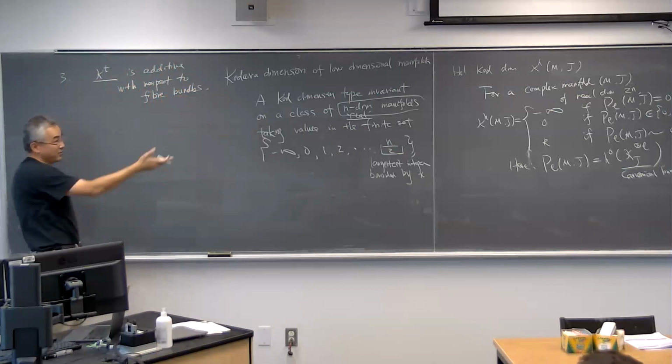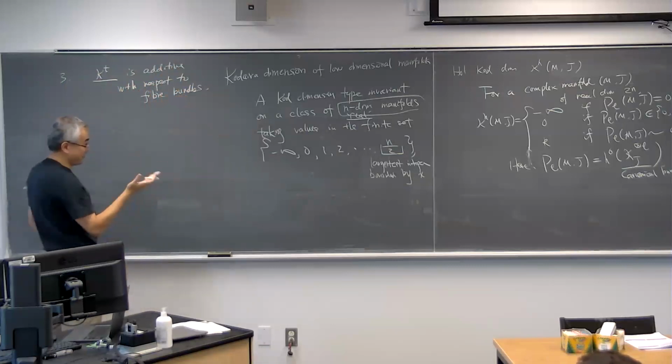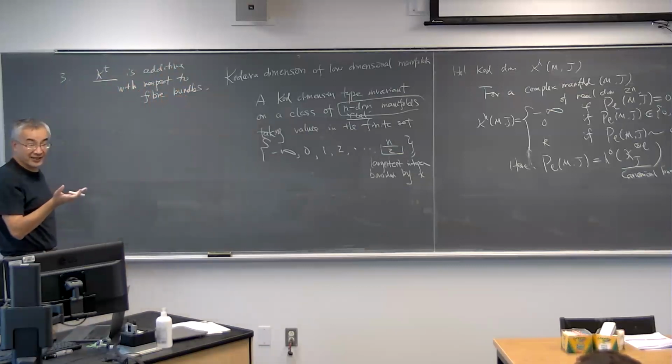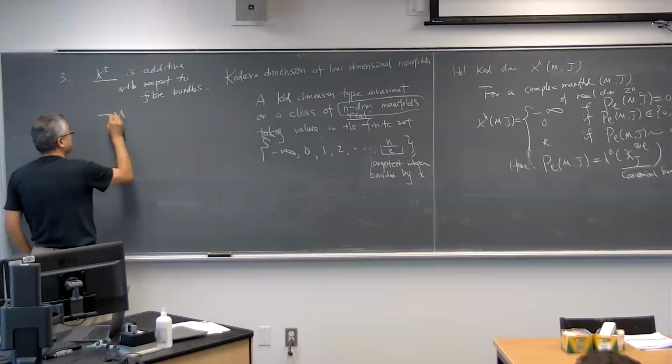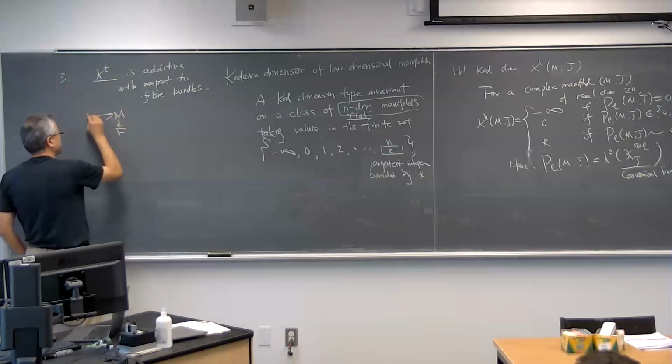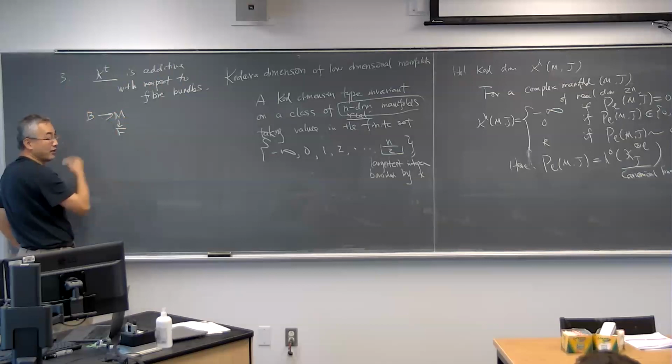That's one reason why I want to assign this number to be 0 for a circle. What it means is if you have a fiber bundle.